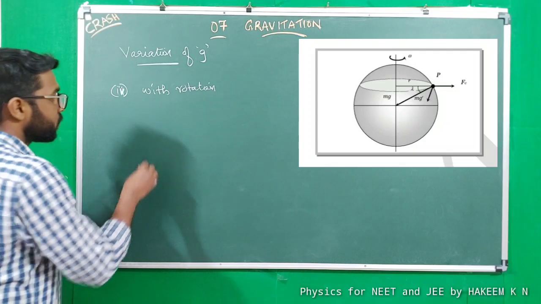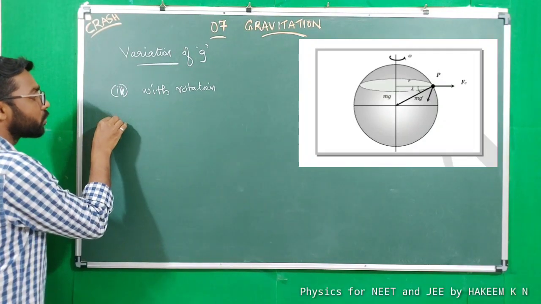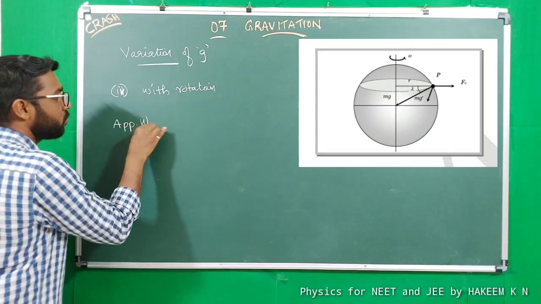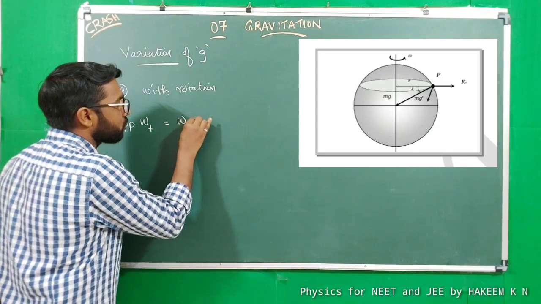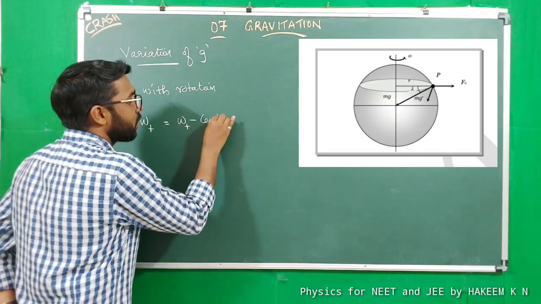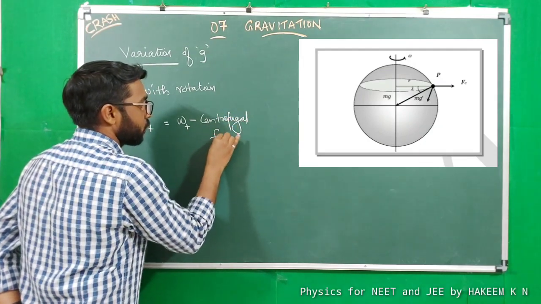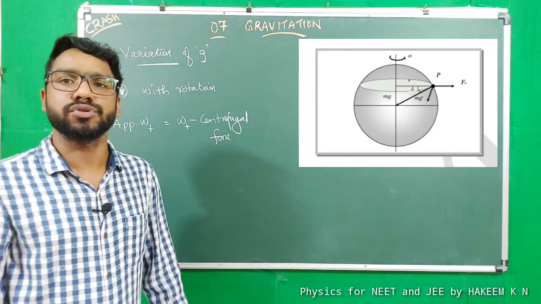Okay, so we can say the resultant force on the body or apparent weight of the body equals actual weight minus centrifugal force due to rotation.